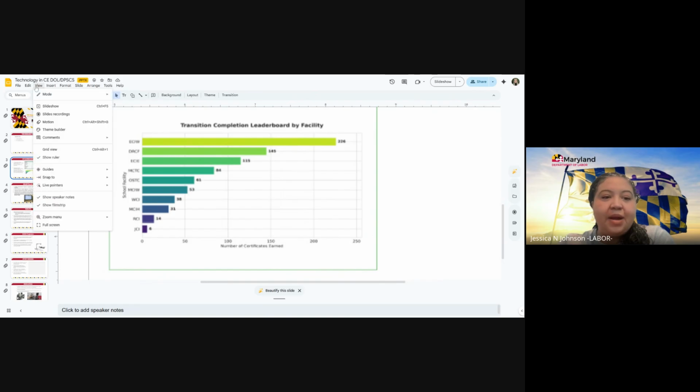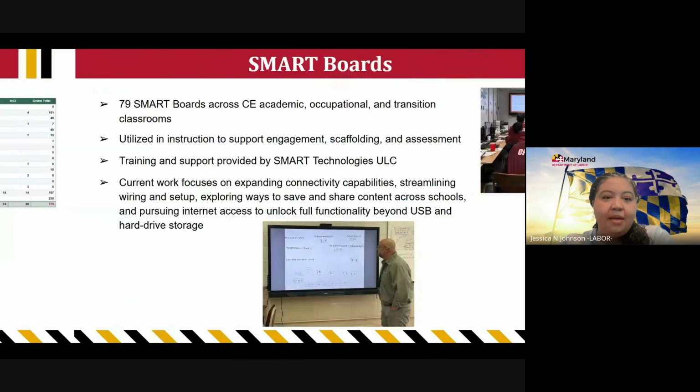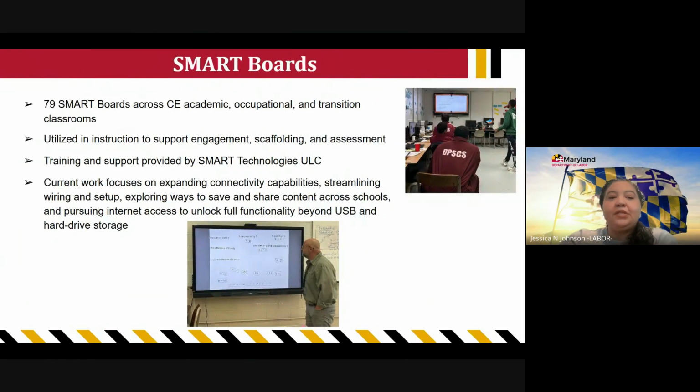If you go to our next slide, you see our smart boards. So something that we're really, really proud of is that we've had smart boards installed at all of our institutions. So these are actual real pictures in our Maryland classrooms from our last set of instructional rounds. So our smart boards are used by our CE academic, occupational, and transition and academic teachers.